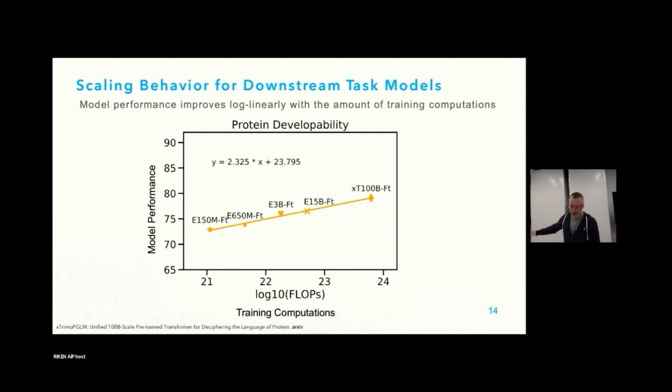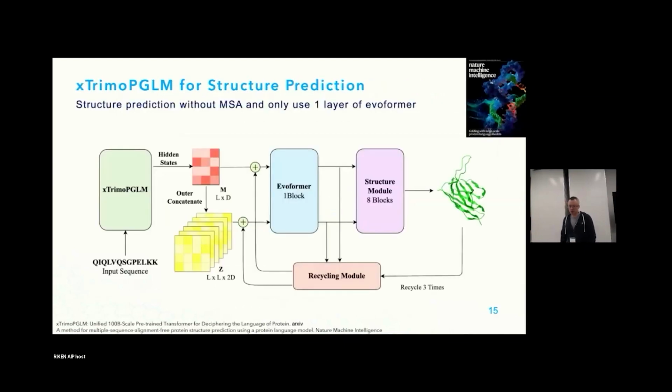So here, what I'm showing you are some of these simpler tasks, but you can also look at more complex tasks such as structure prediction, right? AlphaFold 2 is a very successful model in this space for taking protein sequences and predicting the three-dimensional structure of the protein. But actually, the model is very complex in the sense that it's a very complex pipeline.